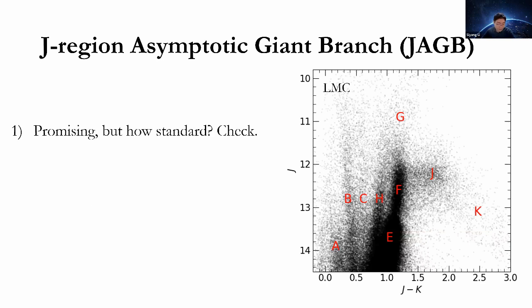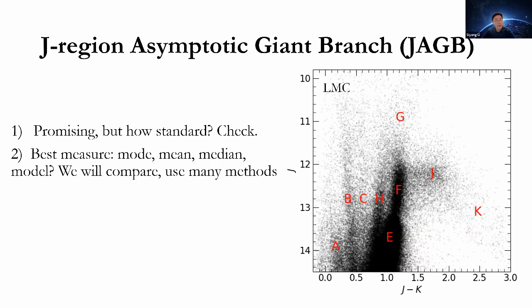So the JAGB, as a relatively new standard candle, does seem to be very promising, especially from the literature. But how standard is it? I'll be checking this. As I mentioned, there have been many methods proposed to measure the JAGB reference magnitude used as that standard candle, and this includes the mode, the mean, the median, or model fit of the magnitudes.